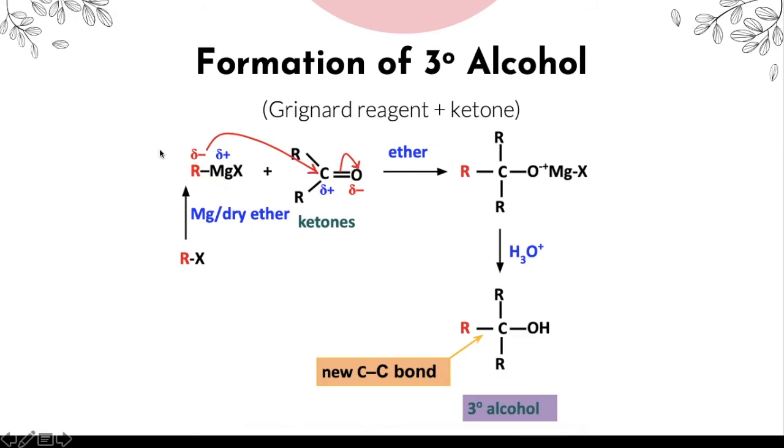We have Grignard reagent reacting with ketone, where the carbonyl carbon is attached to 2 other carbons, in dry ether, and the product is tertiary alcohol because this carbon is attached to 3 other carbons, and this is a tertiary carbon, making this product tertiary alcohol.